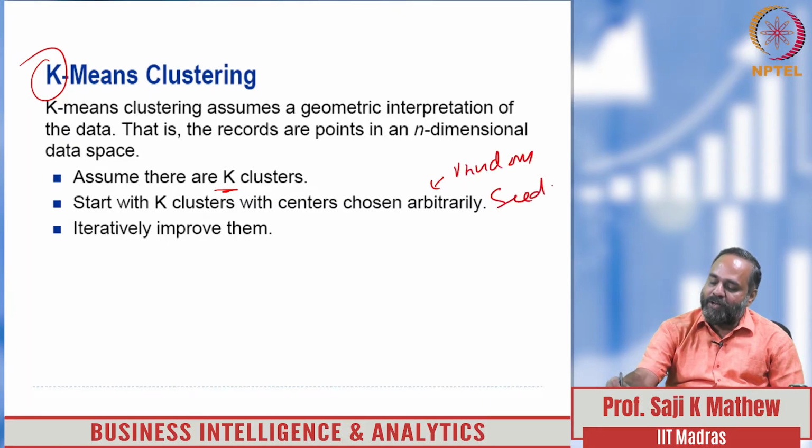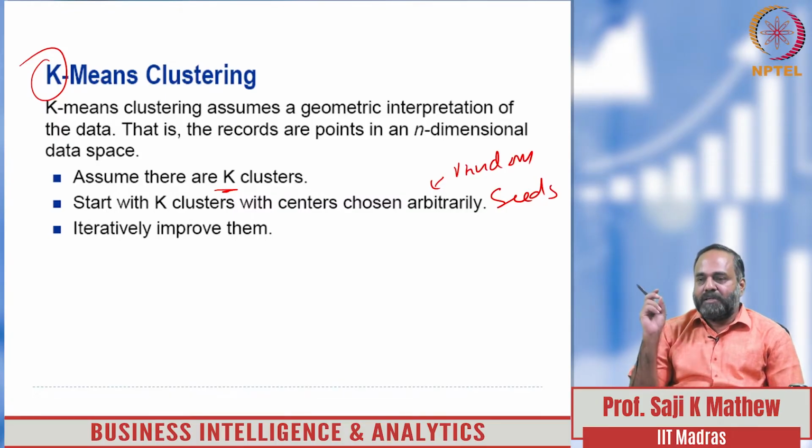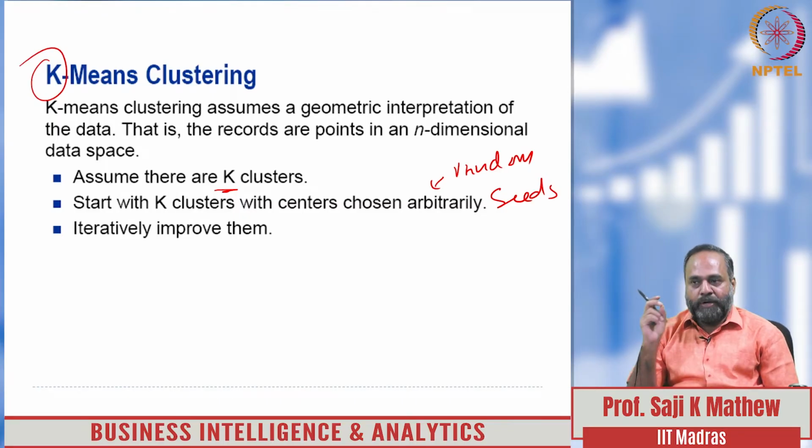So there is a random seed. We call it random seeds to start with. Random seeds are random points in the space, Euclidean space or multi-dimensional space, depending on the number of attributes.